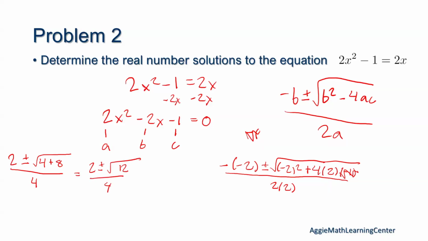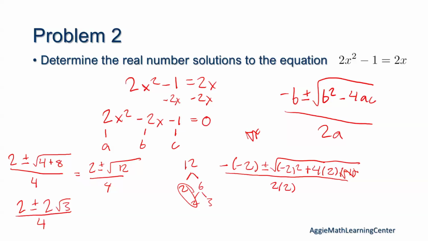Now we can simplify this a little farther because our 12, we can break it down into its factors. So 12 is going to break down into 2, 6, 2, and 3. We have a group of 2's right here, so we'll pull them out. So we get 2 plus or minus 2 square roots of 3 over 4.